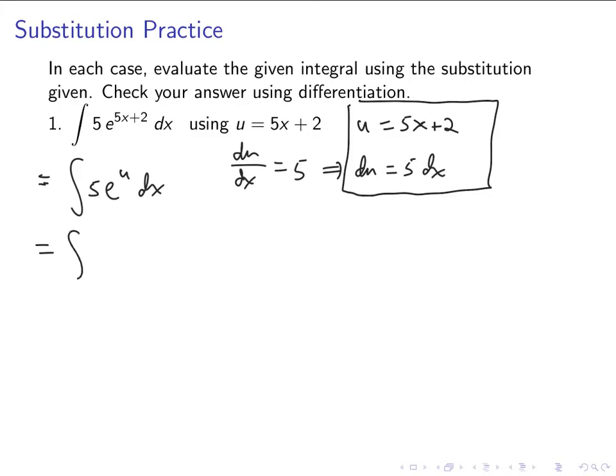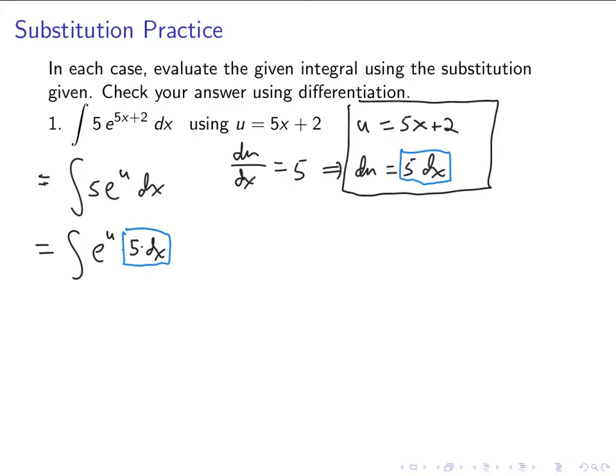So in this problem, for example, I could rewrite the integral here. Instead of 5 times e to the u times dx, I could write it as e to the u times 5 dx. That's the same thing, just in a different order. The advantage of writing it that second way is that I can now see that I have 5 dx here, and I have 5 dx here, and so those match.